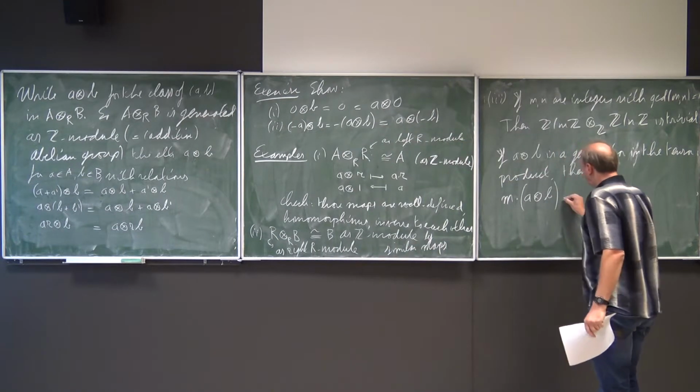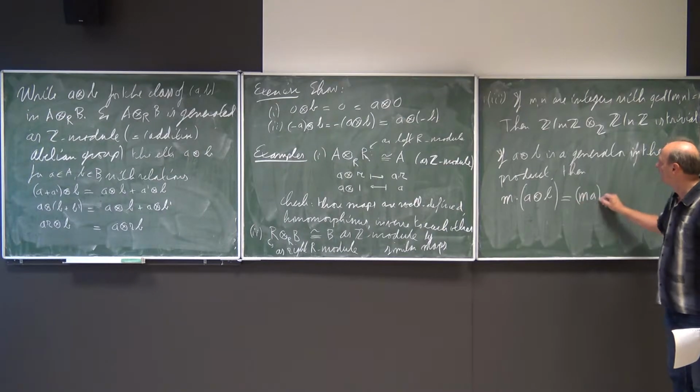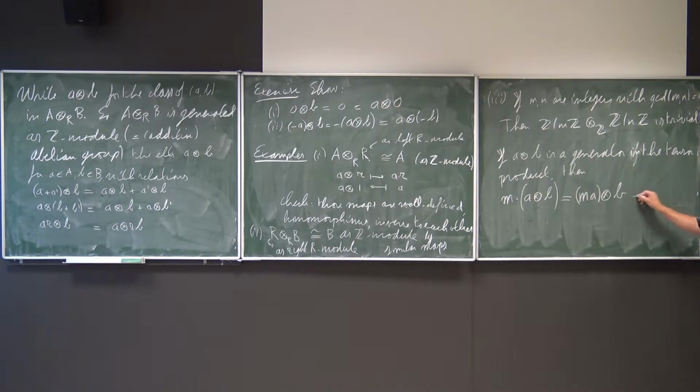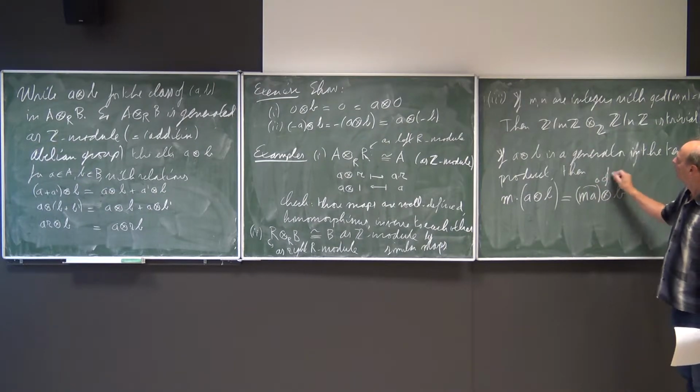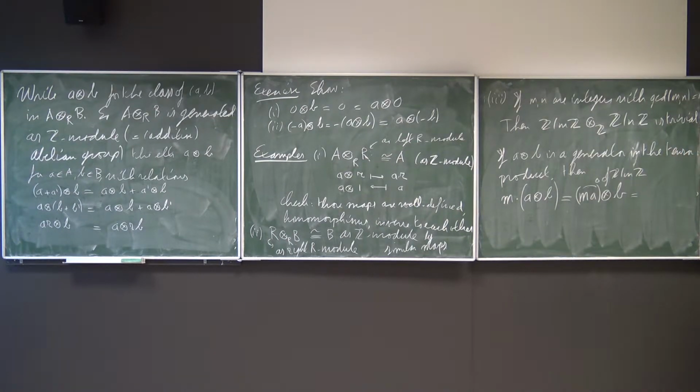So this will be equal to ma tensor b. Notice I'm quite careful about keeping track of the parentheses where you multiply by m. But anyway, this is now going to be the 0 of Z modulo mZ. And one of the exercises is to show that this is the 0 element in the tensor product. Okay, so that is 0.